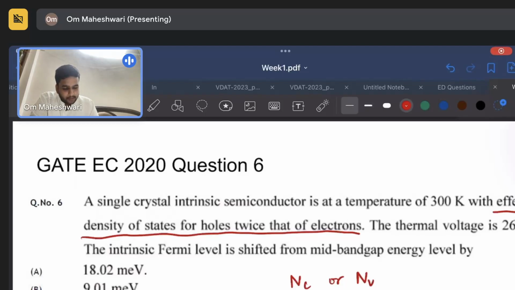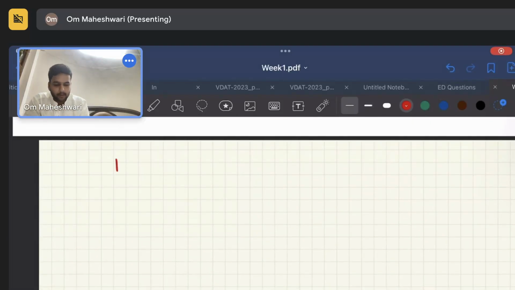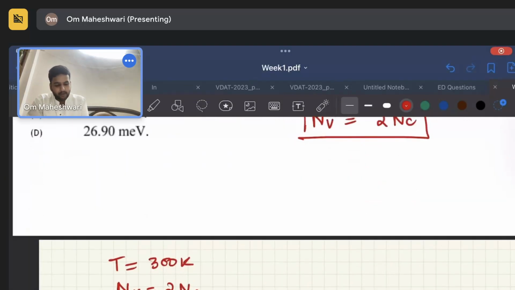And the intrinsic Fermi level is shifted from mid band gap energy by... Okay. So the given information we have is T equals 300 Kelvin, Nv is 2 times Nc, and the thermal voltage Vt is Kt by Q, which is 26 millivolt.